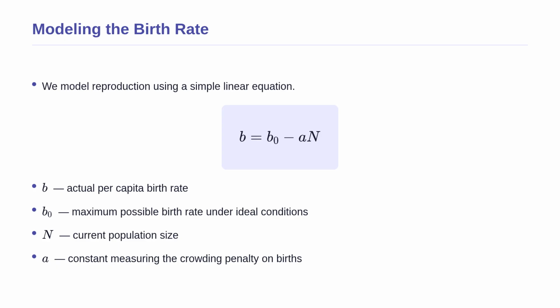The variable N stands for the current population size. Finally, A is a constant that measures how strongly crowding reduces the birth rate. In plain English, this equation tells us that as the population N gets bigger, the actual birth rate, B, goes down because of the crowding penalty.